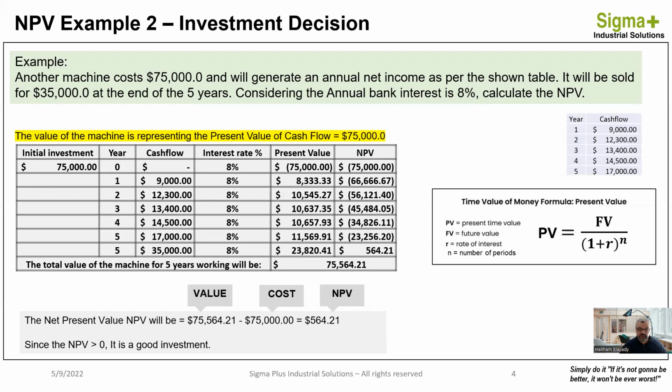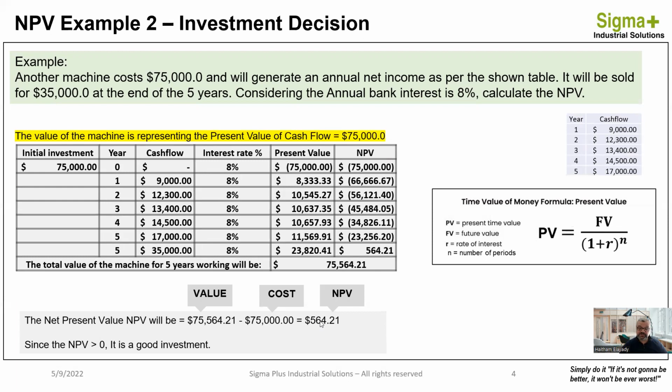What does it mean? It means that the value of that machine after 5 years is $75,564, compared with the present value I paid, the initial cash flow I spent, which is 75,000.